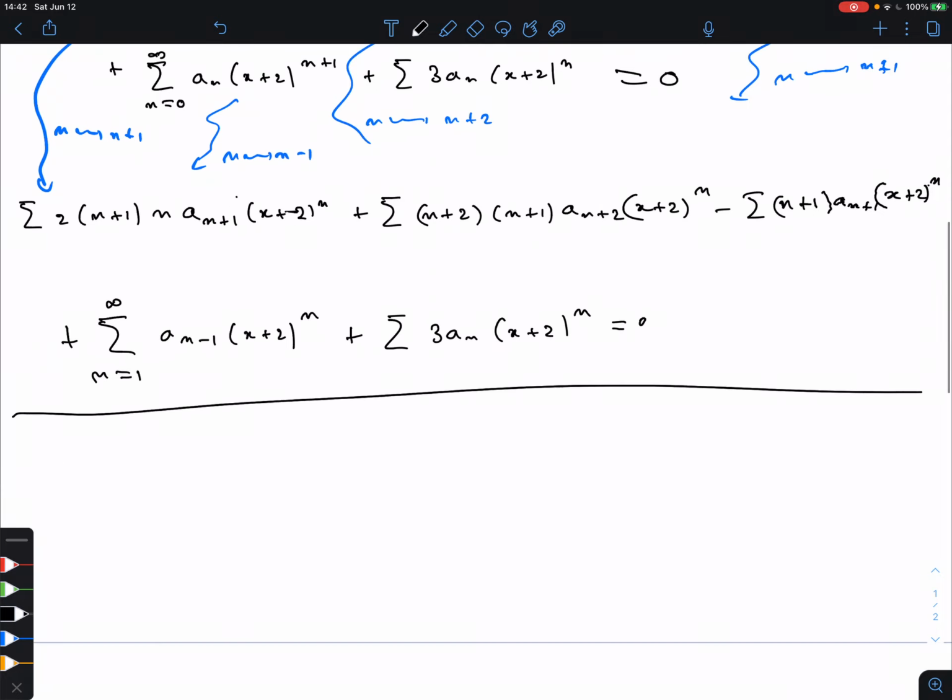So what does this now mean? Well, what do you look for? We look for the indices that are not present everywhere. And what I mean with that, well, here the summation starts from n equals 1. When I don't write it, it starts from 0. So perhaps I should write it here.